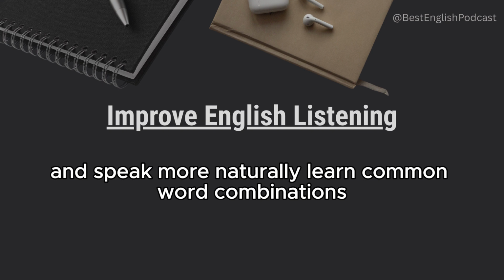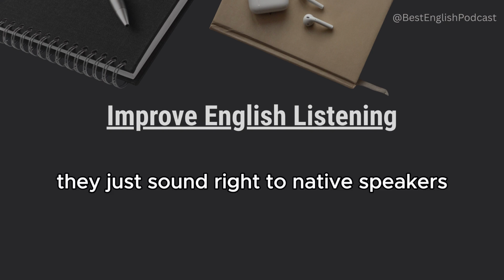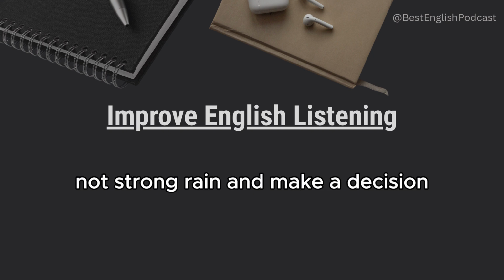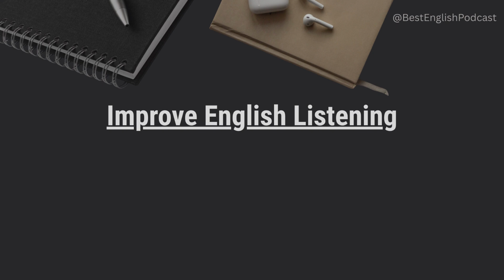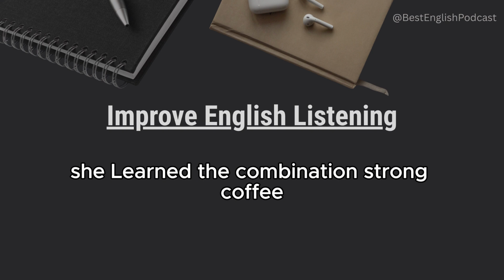Learn common word combinations. These are words that often go together in English. They just sound right to native speakers. For example, we say heavy rain, not strong rain, and make a decision, not do a decision. For Chloe's practice, instead of learning strong and coffee separately, she learned the combination strong coffee.